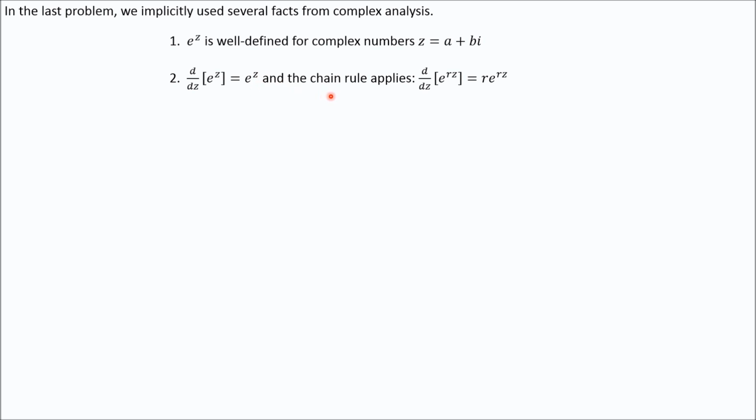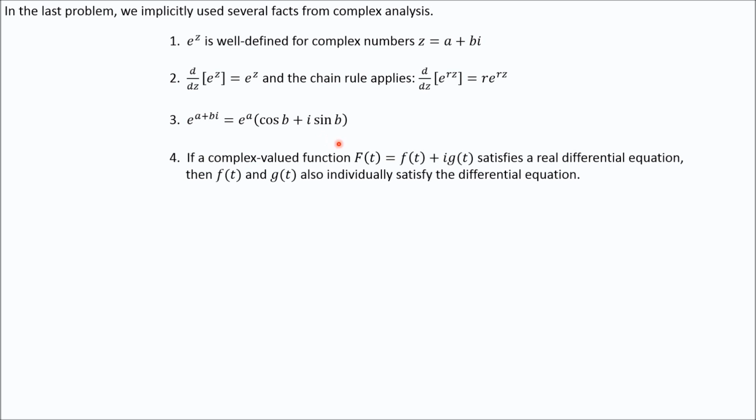In other words, that the rules of differentiation hold even when we allow complex numbers, and that the chain rule also holds for complex numbers, which it does. And then we also assumed, as a restatement of Euler's identity, that all the usual rules of exponentiation hold true even when doing complex exponentiation.